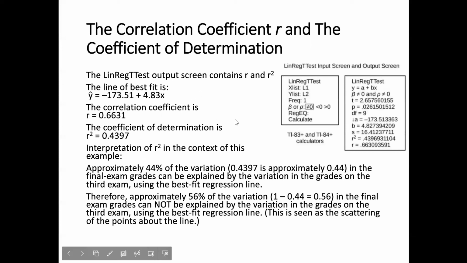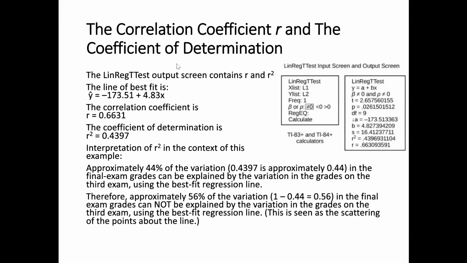Okay, so on our example that we ran just a minute ago, the third exam score versus the final exam score, we saw that the equation of best fit, that regression equation, is y hat = -173.51 + 4.83x.